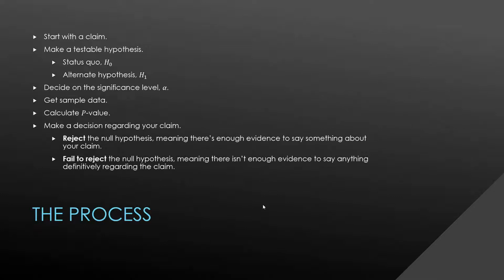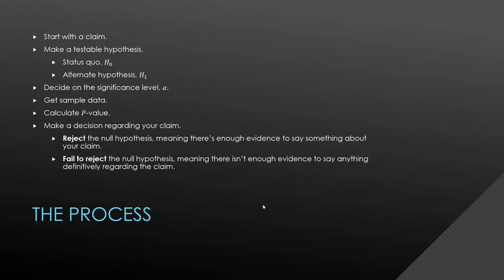You're going to have a claim. You're going to make some testable hypothesis. You're going to decide on your significance level. Once you've decided on your level for alpha, you will then get sample data, get a p-value. Well, the p-value part's optional, but either way, you'll make a decision based on your sample data that either rejects your null hypothesis or fails to reject the null hypothesis.